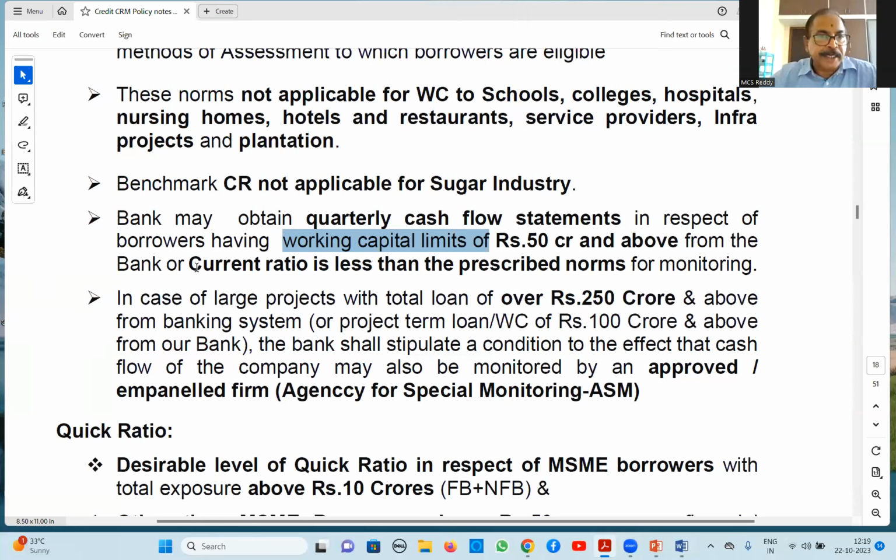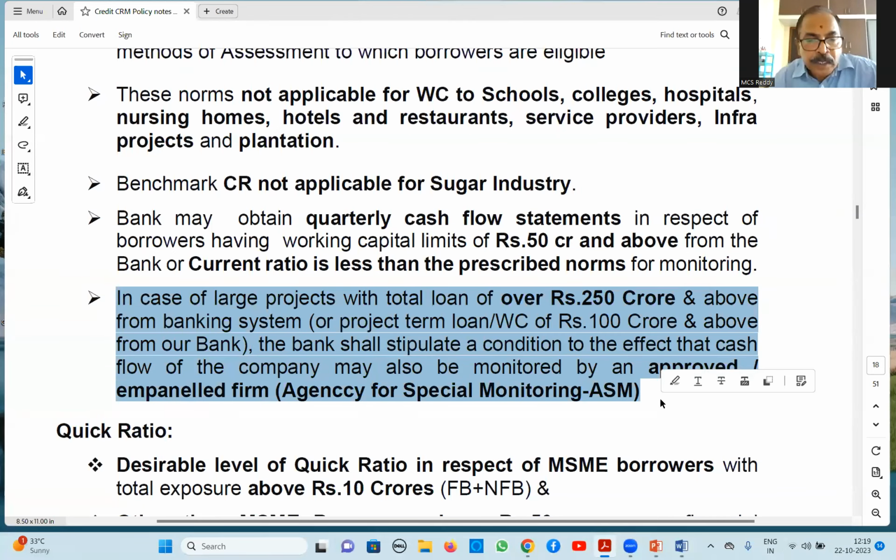And now the latest additional one, ASM, Agency for Special Monitoring. It was introduced 2 years back. Reserve Bank says, wherever the exposure of the borrower is over 250 crores and above, in such cases, for monitoring cash flows, banks are supposed to appoint an agency, an empaneled, approved firm.